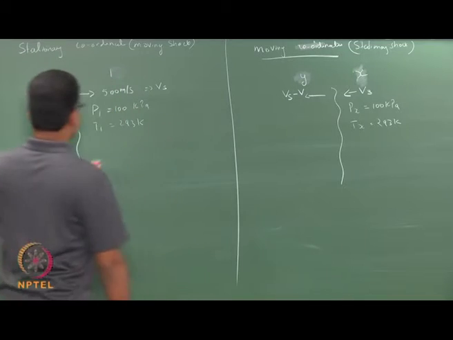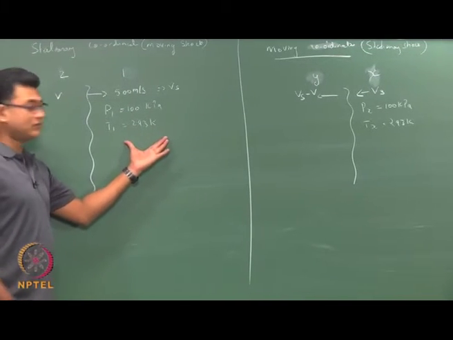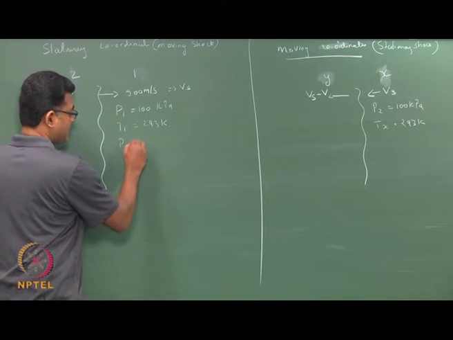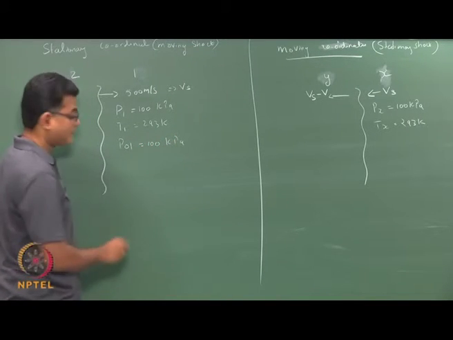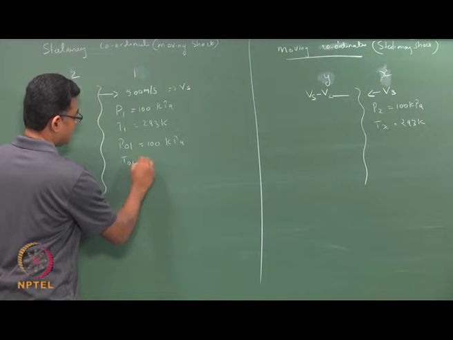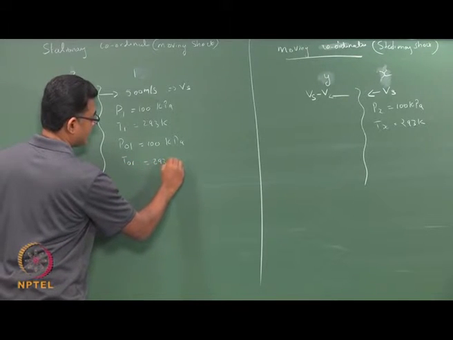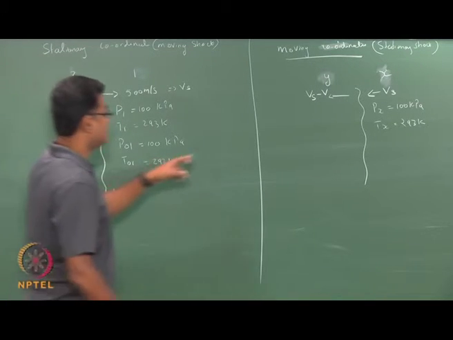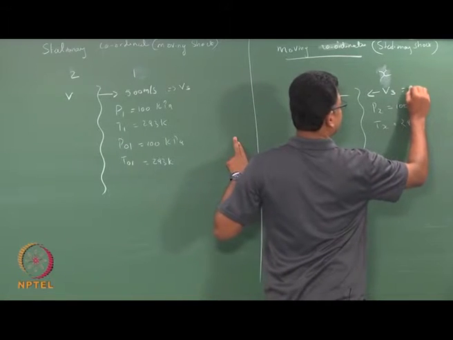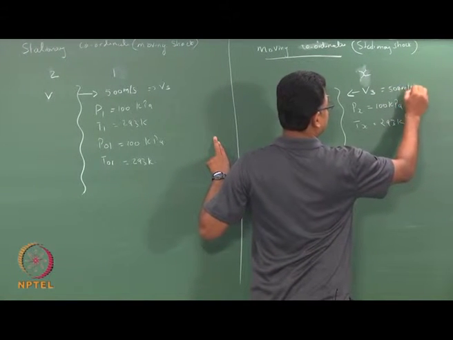But we also know that this is for velocity 0. So this is also my P01 because the velocity is 0, and my T01 is 293 Kelvin. Vs we know as 500 meters per second.